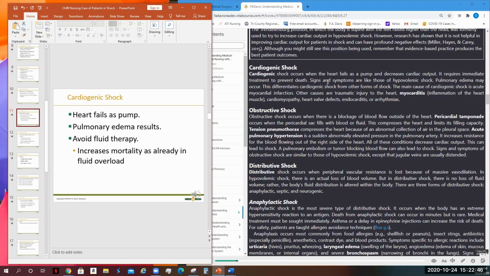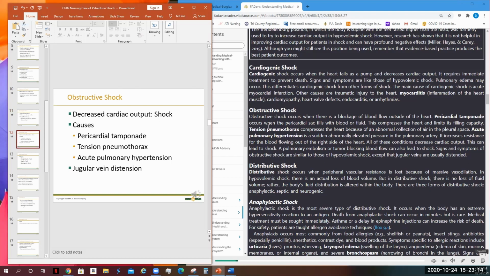The main cause of cardiogenic shock is acute myocardial infarction or heart attack. Other causes are traumatic injury to the heart, myocarditis, which is an inflammation of the heart muscle, cardiomyopathy, heart valve defects, endocarditis, or arrhythmias.